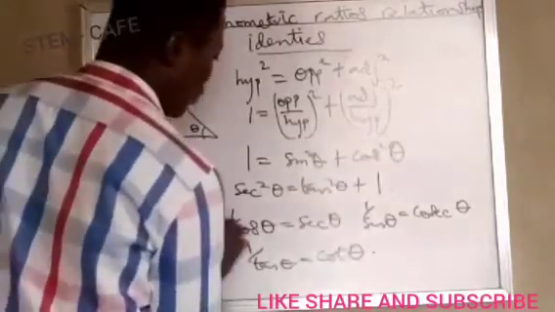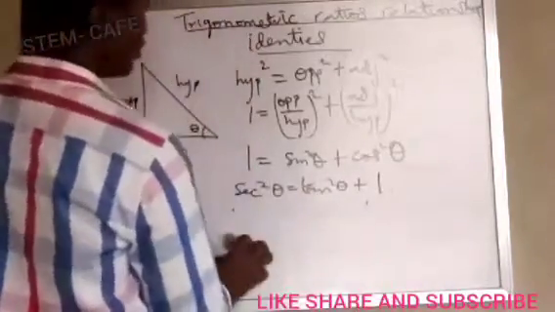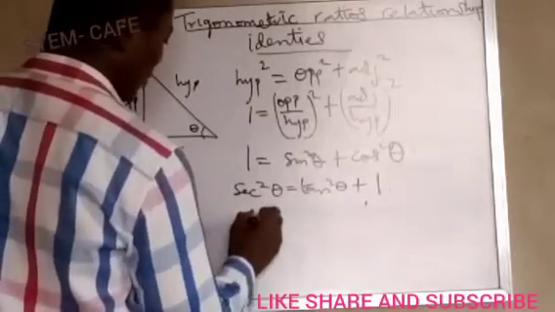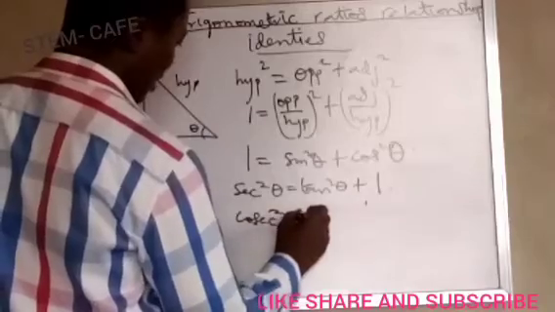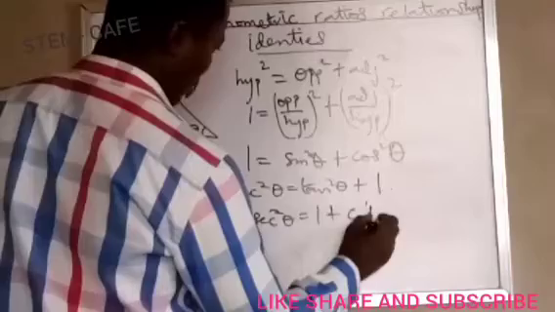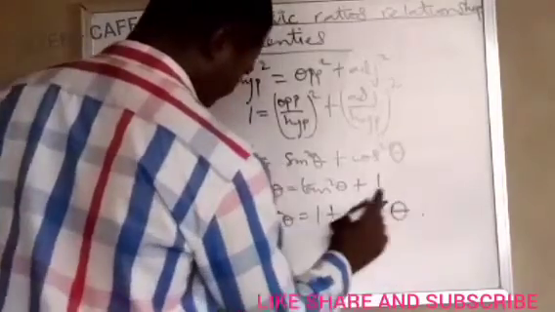Now we can still go further by going to the first equation and dividing through by sine square theta. So I'm going to have cosec square theta is equal to 1 plus cot square theta.